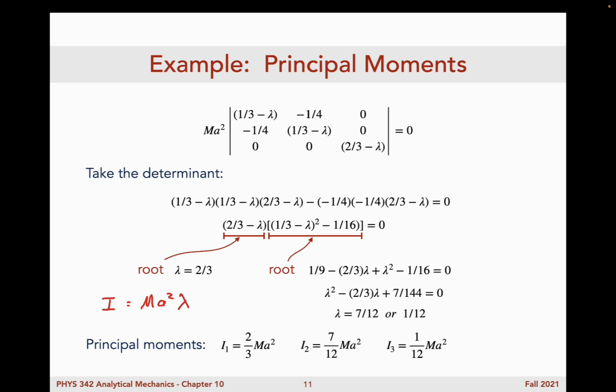So when lambda equals 2/3, you plug it in here, you just get 2/3 ma squared. When lambda is 7/12, you get 7/12 ma squared. When lambda is 1/12, you get 1/12 ma squared. So we've found the principal moments, that's the moments of inertia around the principal axes. Now we have to figure out what those principal axes are.